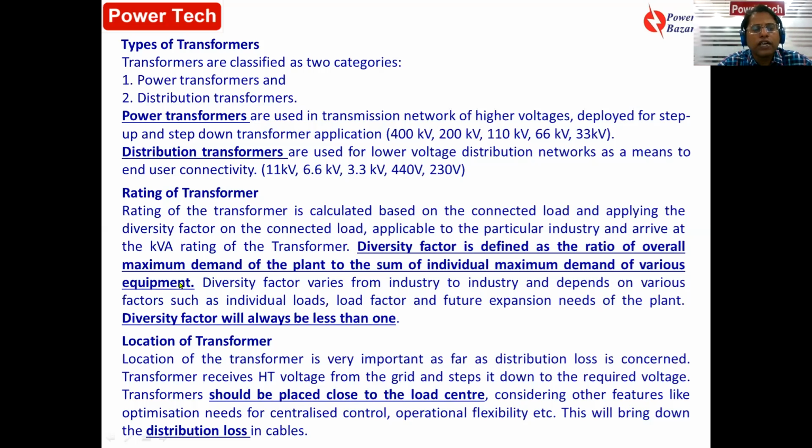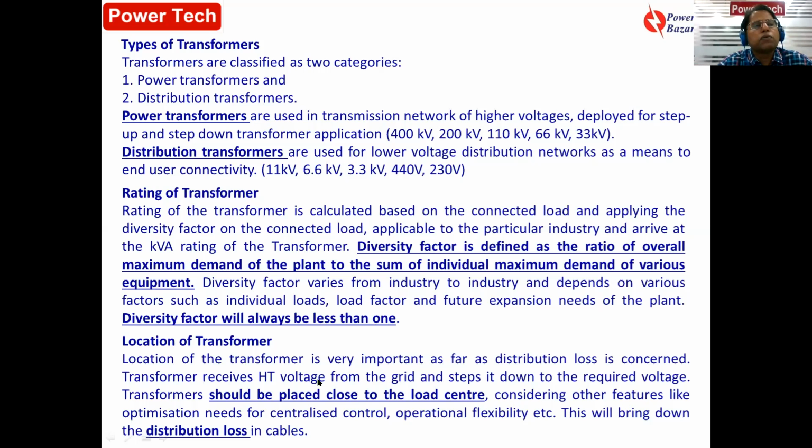So timings are different. When all the motors are running at a typical time period in a typical cycle, then the maximum demand, let us say, is around 60 kilowatt. So what is the diversity factor? It is 80 by 60, the sum of individual maximum demands of each motor or equipment divided by the overall maximum demand of the plant as a whole. Remember, diversity factor will always be greater than 1.